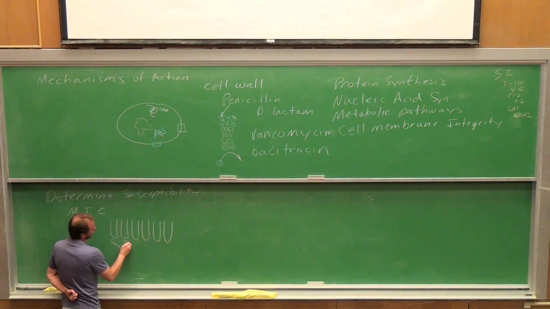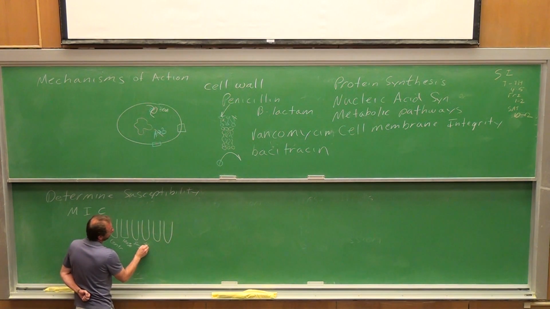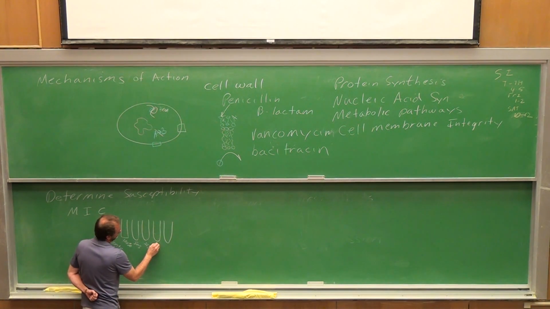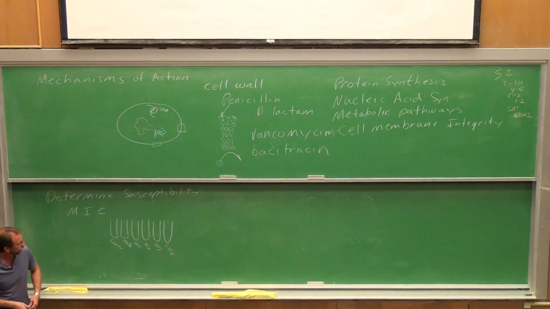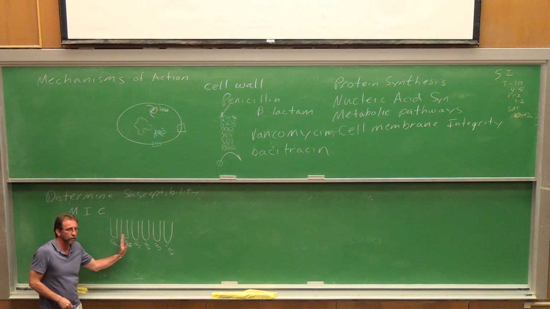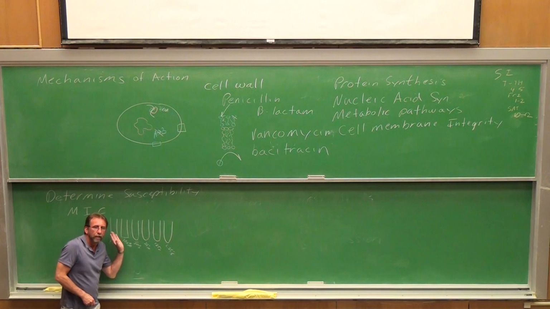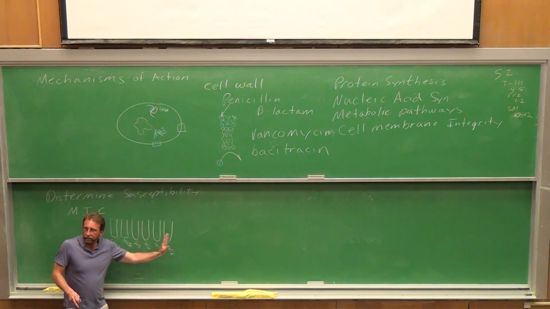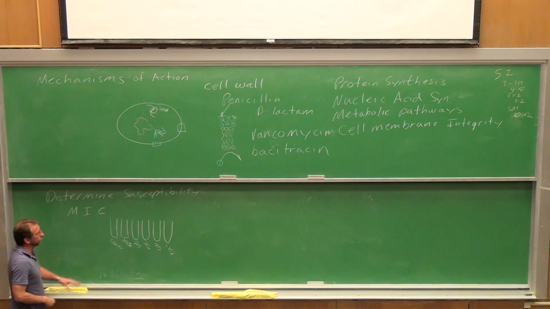You could start with something that's 100%, down to 50%, down to 25%, down to 12.5, 6.25. You could take this all the way down to whatever percentage you wanted, or you could use a concentration. You could start out with, say, 10 milligrams per liter, 9 milligrams per liter, 8 milligrams per liter. But you'll have a series of concentrations, and then you add the microbe, okay?